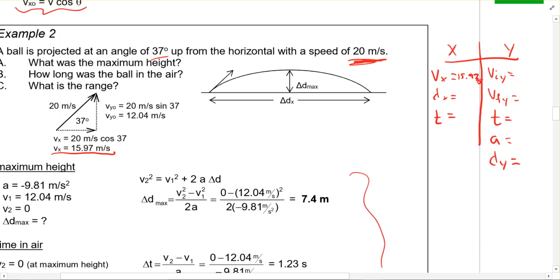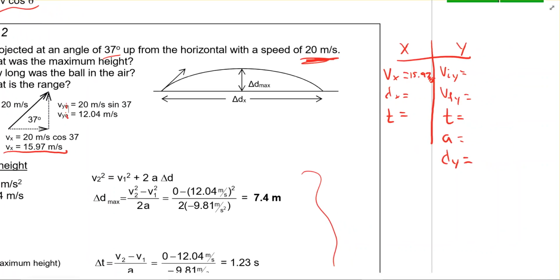The x direction is constant. Vy, I'm not sure why this says Vyo. I would call it Vyi for initial. So that's our initial velocity, using the sine trig identity. And that's 12.04 meters per second. And it's positive because it's going up.